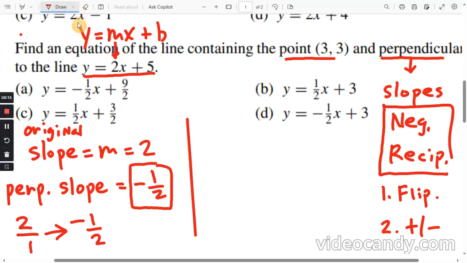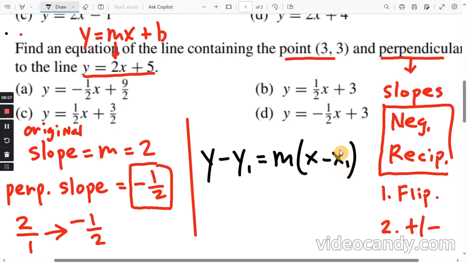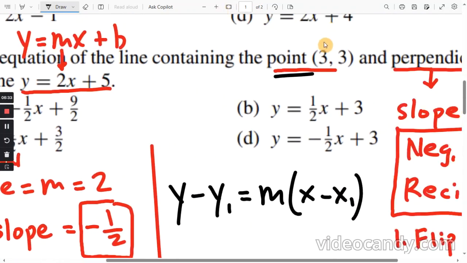All right, so now it's the same as we just did a minute ago. I like to do y minus y1 equals m times x minus x1. And for the point that passes through, that's going to be your x1 and your y1. All right, it gets plugged in right there and right there.